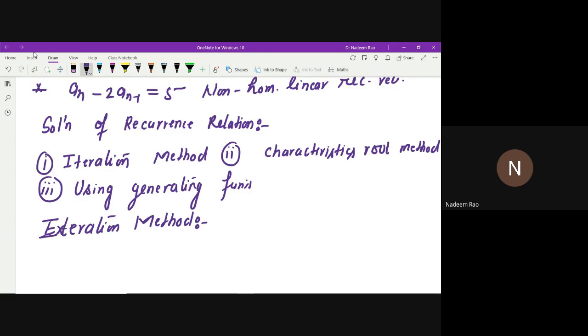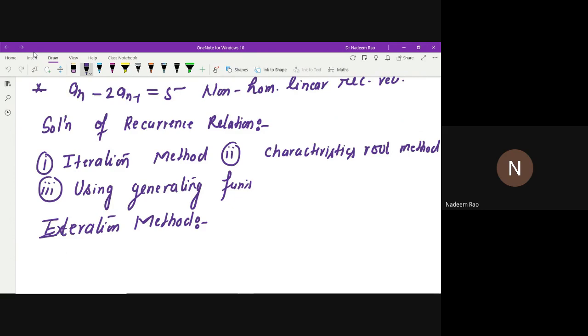As the name suggests, in this method, the recurrence relation for n is used repeatedly to solve a general expression for n in terms of n.